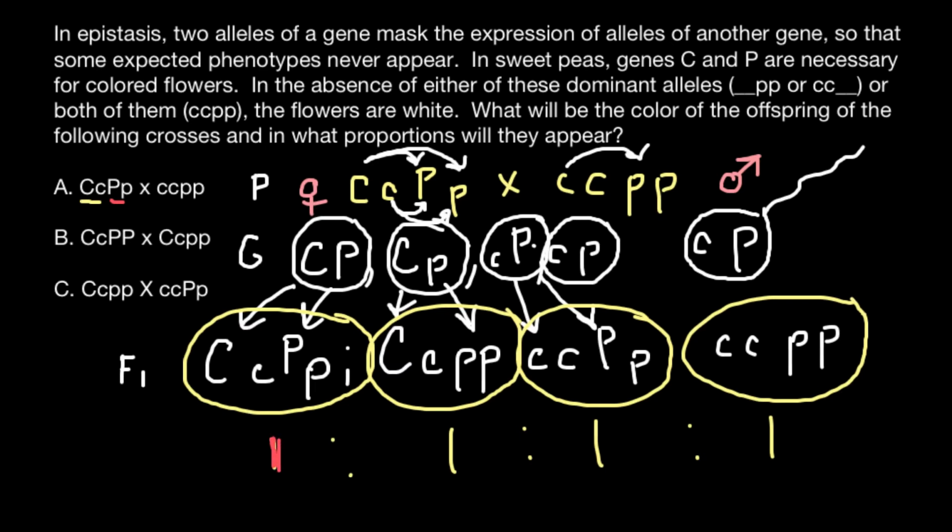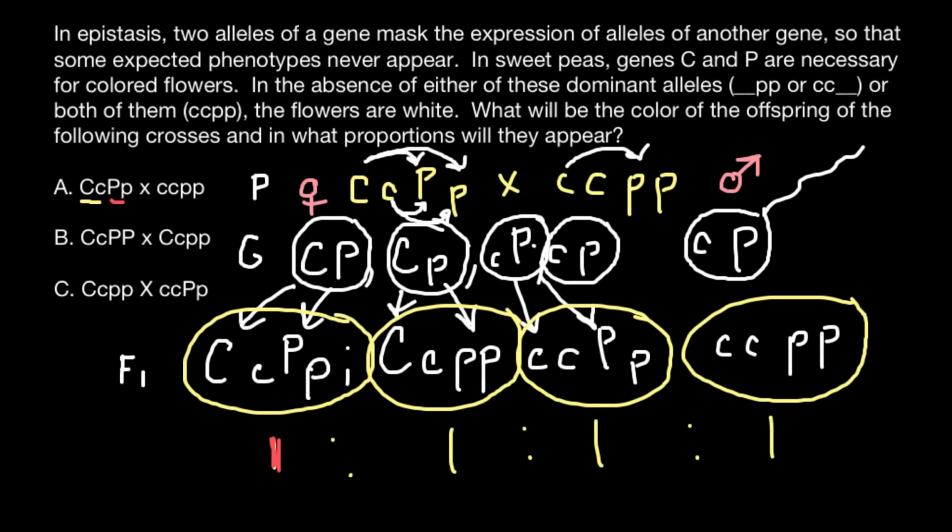But here we see that the second pair of alleles doesn't have a dominant allele, so this wouldn't have color. Here in the first pair of alleles we don't have a dominant allele, so this also wouldn't have color. And here both allelic pairs don't have dominant alleles, so this also wouldn't have color.